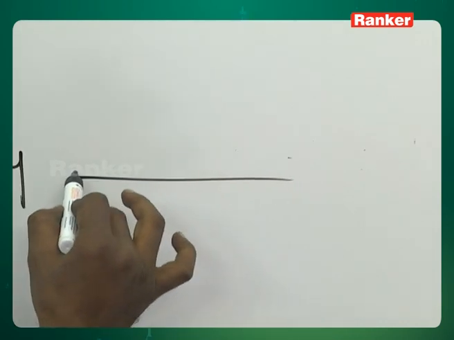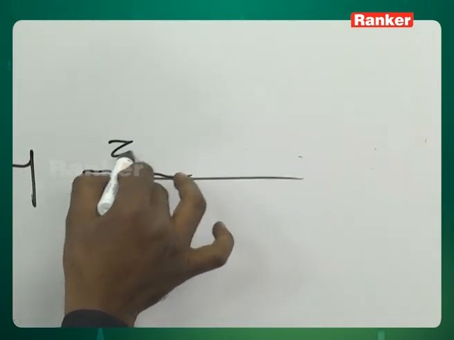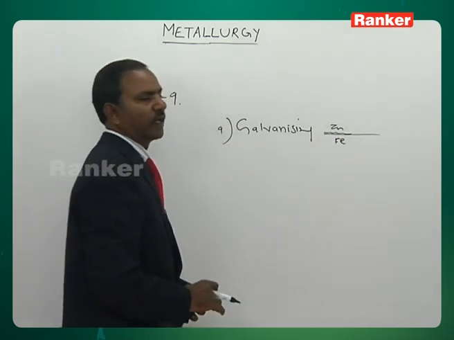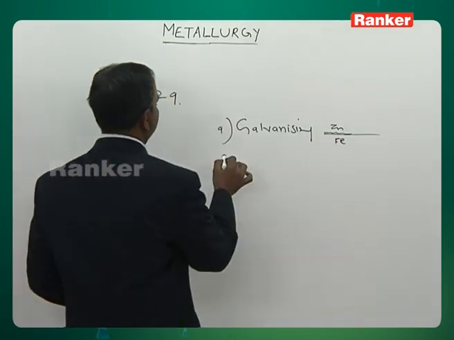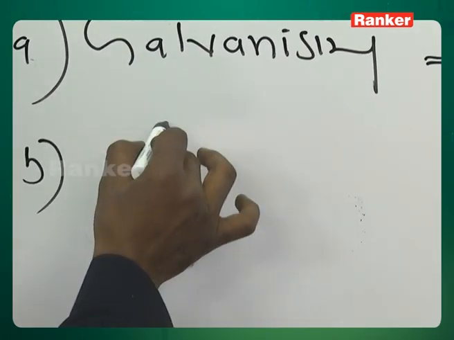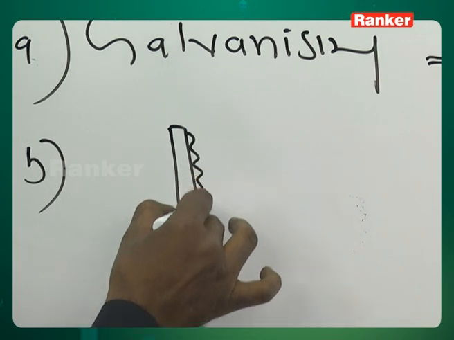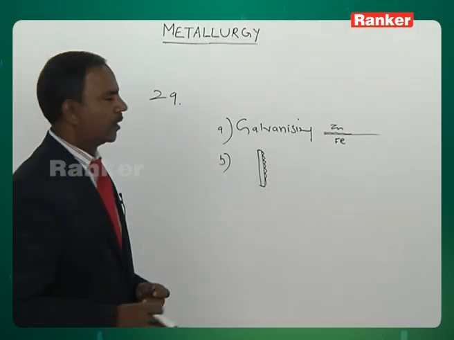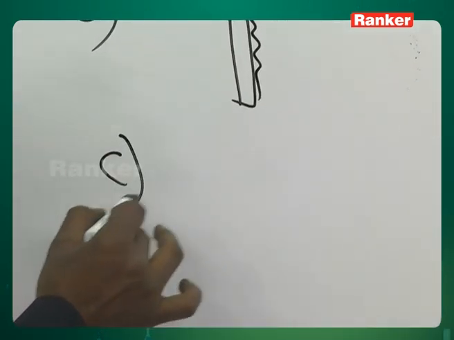Making a coating layer of zinc on the surface of iron, we call it galvanizing. B. Anodizing, making a thin layer of oxide over the anode, that we call anodizing.